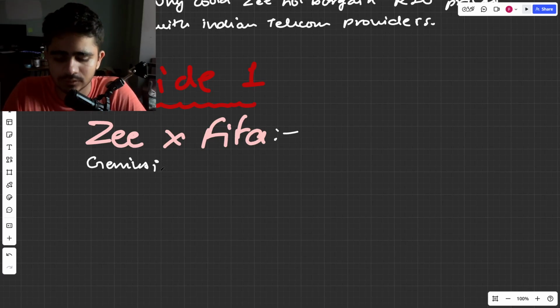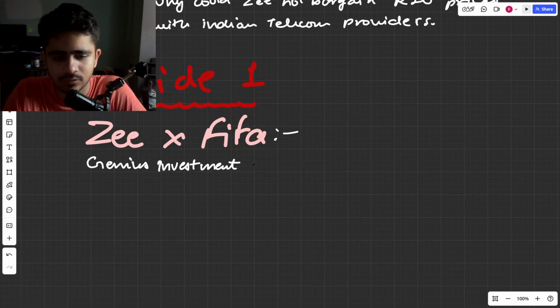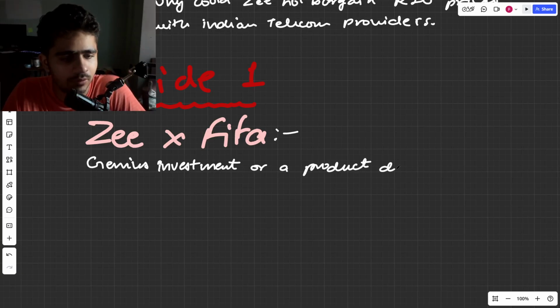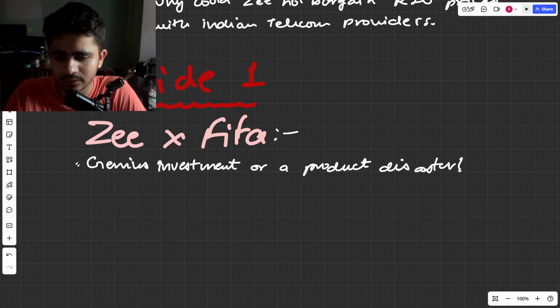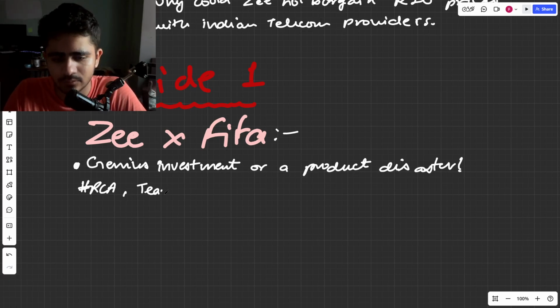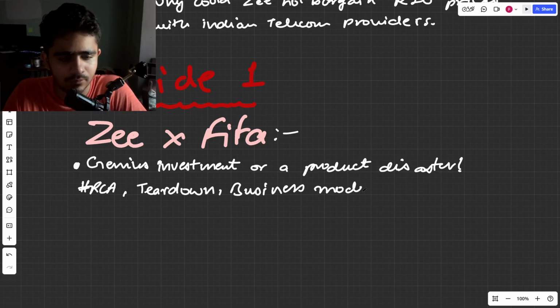Genius investment or a product disaster, and then here this will be my subheading, and here I can go with RCA, teardown, business model, something like that, suggestions.